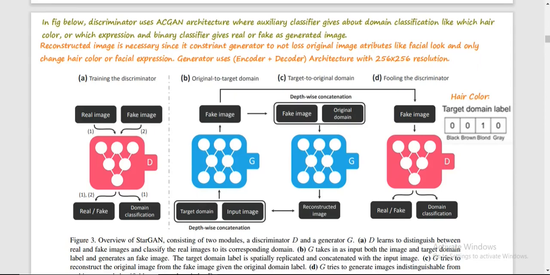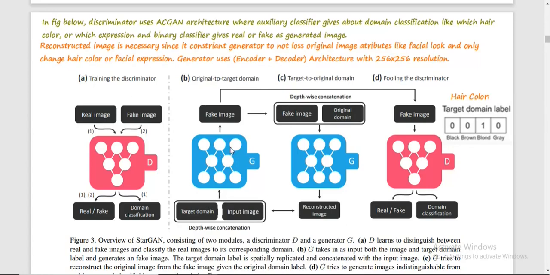If we look at the training mechanism, first we provide the target domain and the input image to the generator. In other words, we provide the input image conditioned on the target domain. The target domain is denoted by c in this paper.